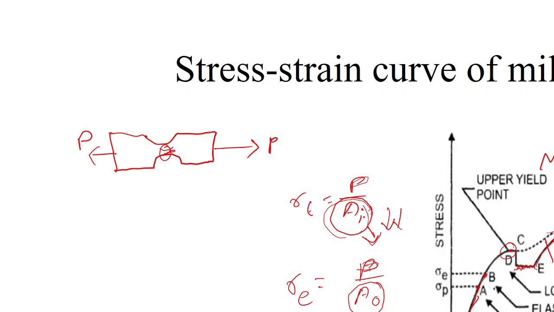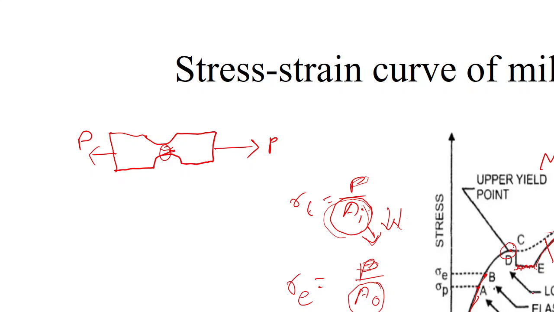But truly what is happening is that the cross-sectional area reduces, due to which the applied load reduces. But the final output is that the true stress, which is sigma t, actually increases. Okay, sir. Thank you.